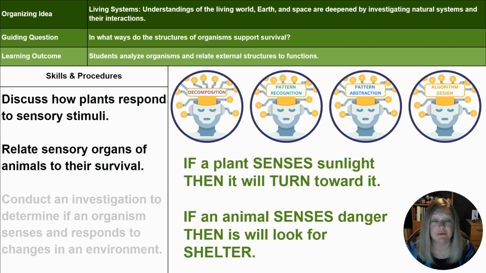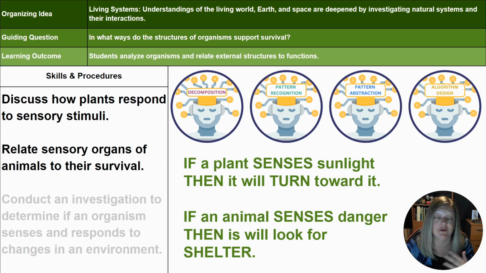Another connection you can make on this particular skill and procedure in your living matters is if you have some type of robotics or other electronics that you use for programming in your classroom, like microbits, you could make references to how the sensors on a robot or a machine are similar to the sensory organs or the parts of a plant that receive sensory stimuli, and that when they receive that stimuli, something happens.